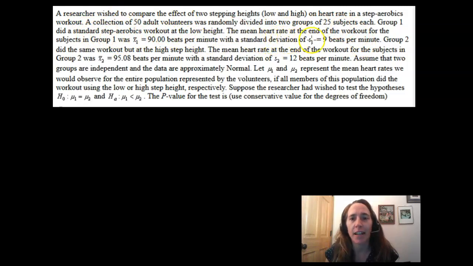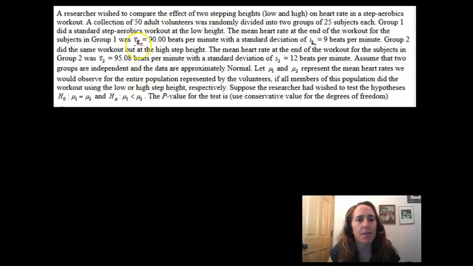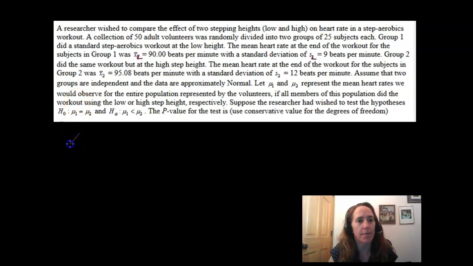The mean heart rate at the end of the workout for this group, group 1, I'm going to use the L for the low step subscript, so we're going to do X sub L. The mean for that is 90 beats per minute, and then the standard deviation of the group with the lower step is 9 beats per minute.